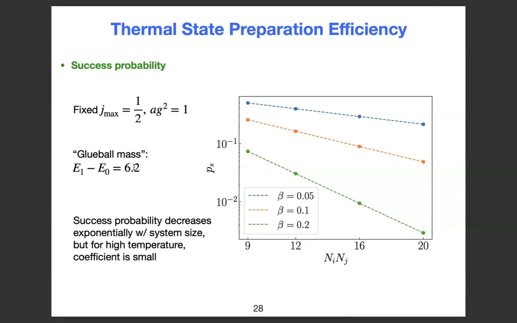So much bigger than 6.2 corresponds to beta equals 0.1 or 0.05, and these numbers mean it's high temperature. What we find is that at high temperatures, these exponentially decaying functions have a very small prefactor in the exponent. So for a reasonable accuracy calculation, we don't need to go to infinitely large volume. That's why the success probability is still large.